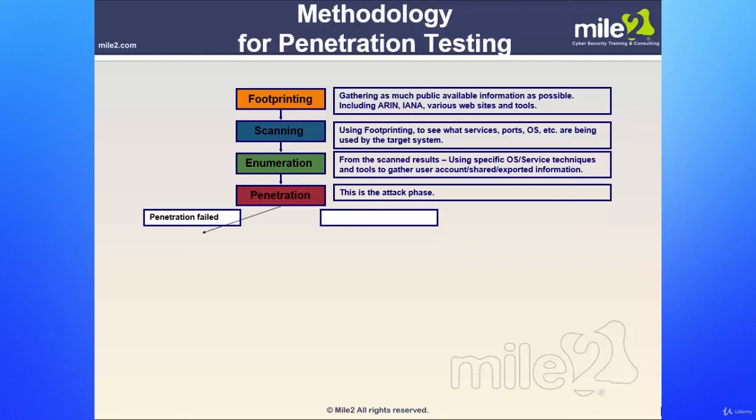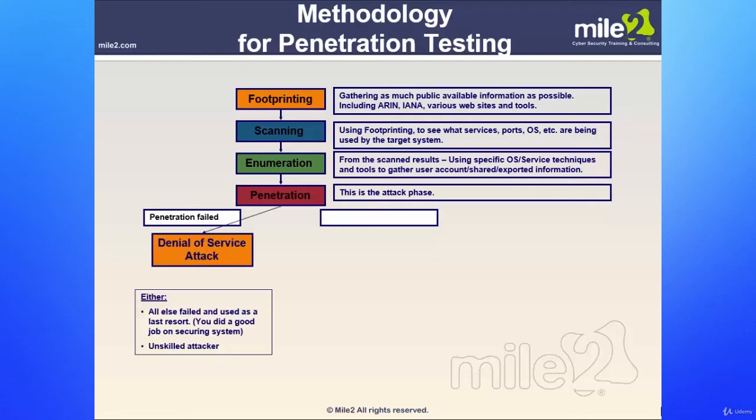Now, if the penetration fails, what generally will happen is we do a denial of service. A lot of times this will happen if it's with malicious intent. So if the penetration fails for the malicious hacker, they'll possibly do a denial of service attack. It's basically used as the last resort.